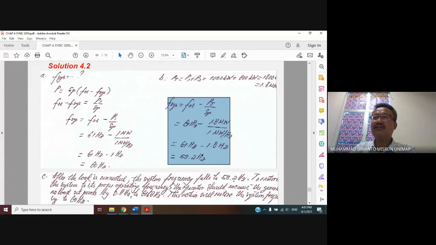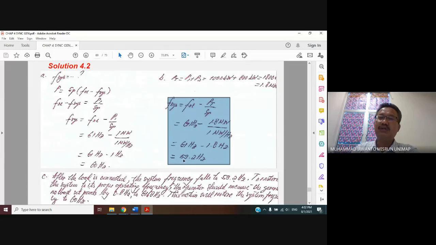So the question C is, what will be done by the engineer to restore the frequency of the system to 60 hertz? It is because the frequency is below 60 hertz.